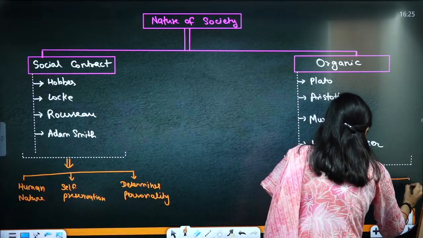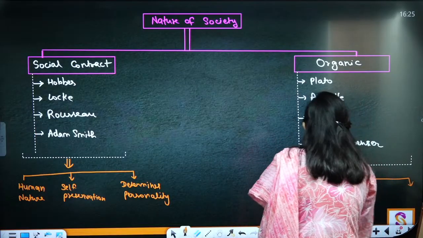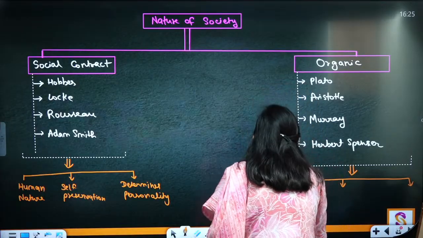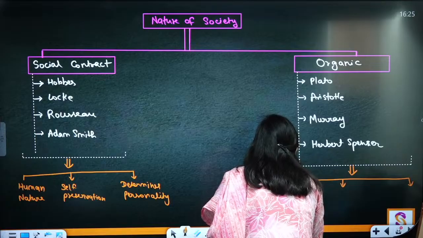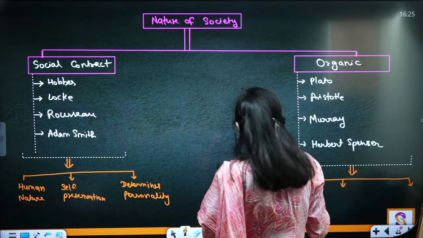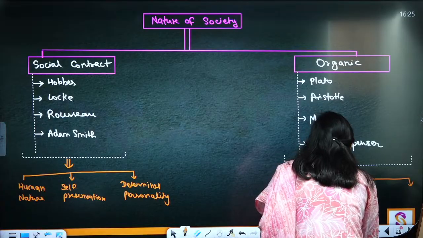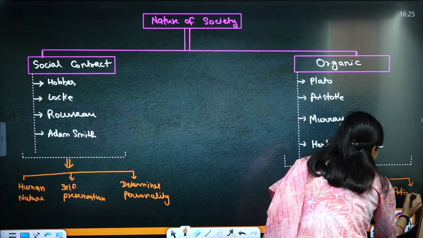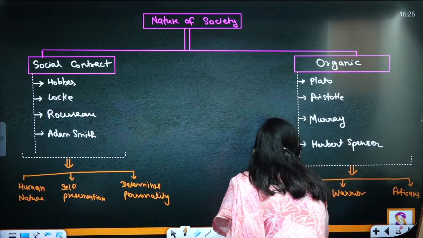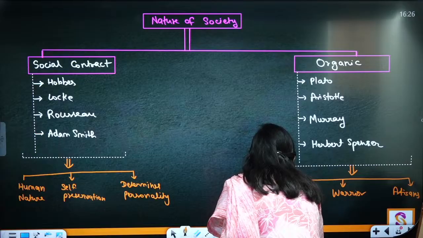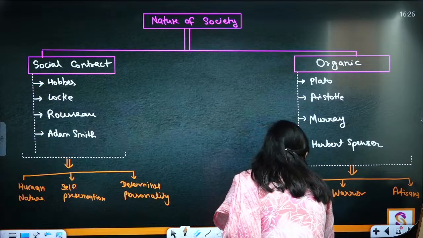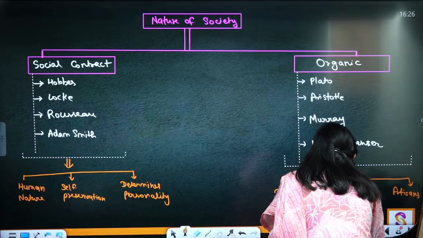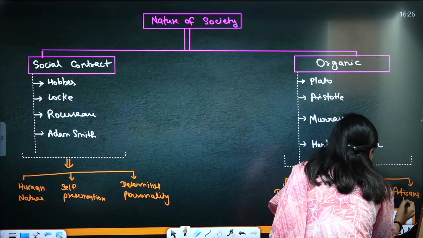Based upon this, they said that there are three types of persons that exist in society: the ruler, who defines the structure for the society to exist; the warrior; and the artisans. The ruler due to wisdom, the warrior due to courage, and the artisans due to desire.